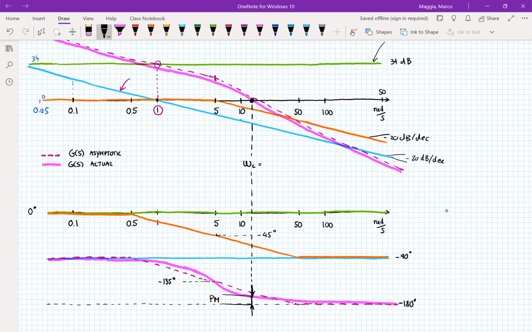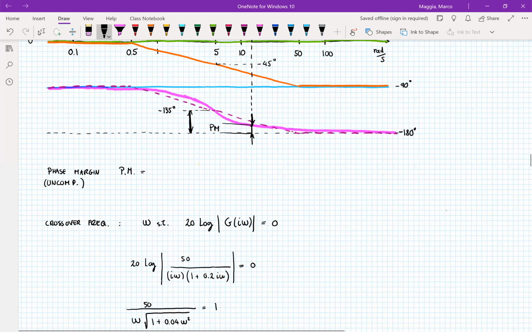So we can see here already graphically that our phase margin is less than 45 degrees, and that is because this distance over here is 45 degrees. So we know that we need a compensator to increase our phase margin.